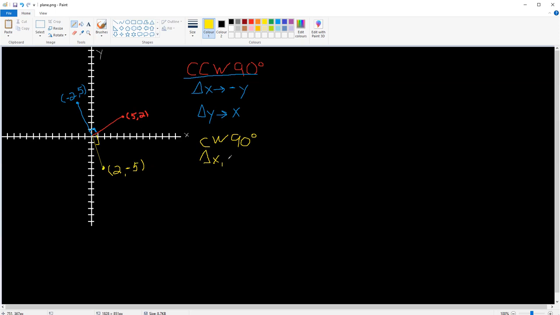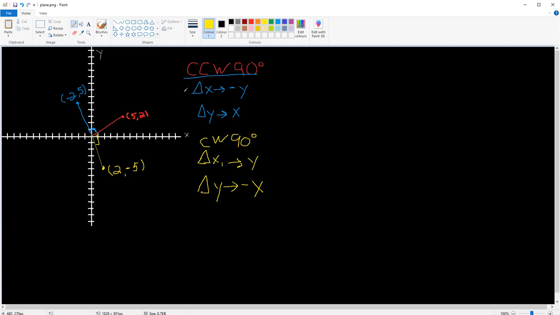It became a negative. Our initial x value became our y value, and our y became a negative x value. Okay, so our y is now negative, which makes sense.